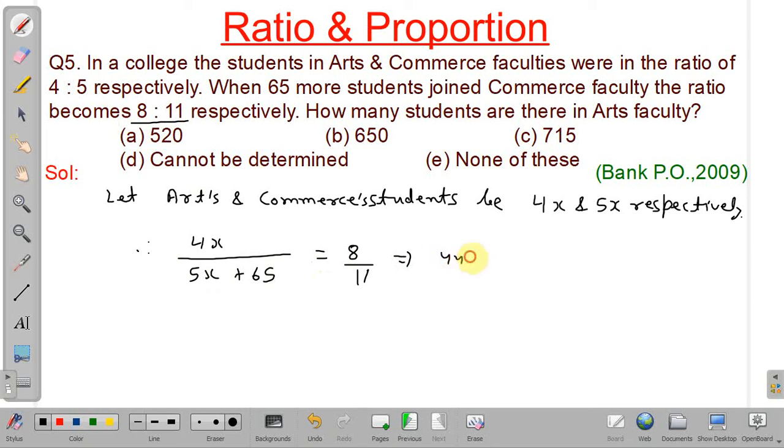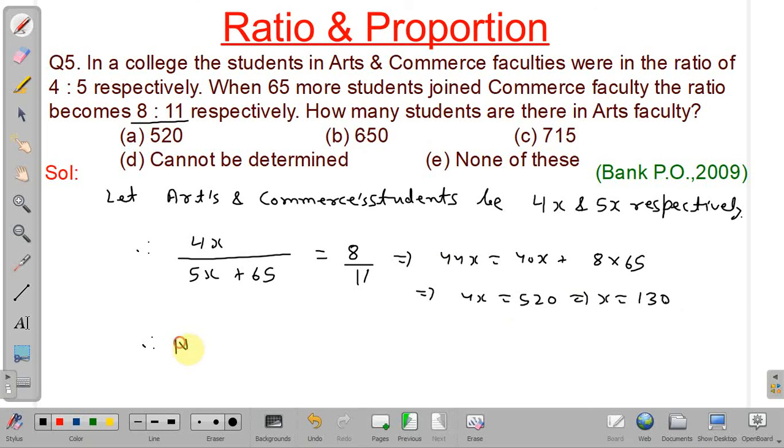So 44x equal to 40x plus 8 into 65. And from this we can find 4x equal to 520, or x will be equal to 130. Now we have to find how many students are there in arts.